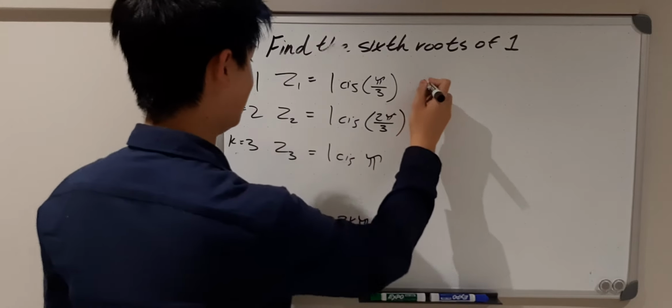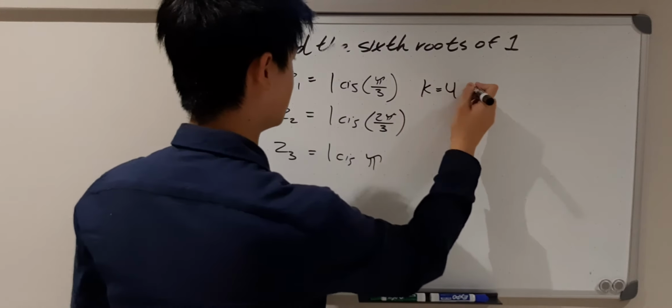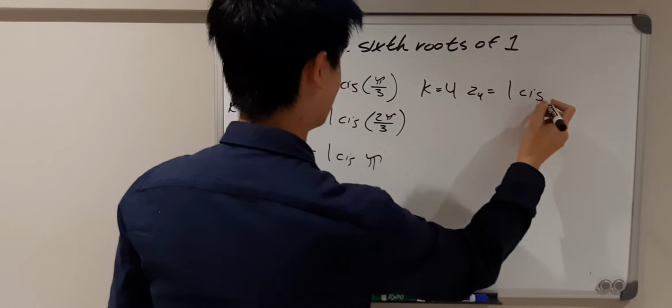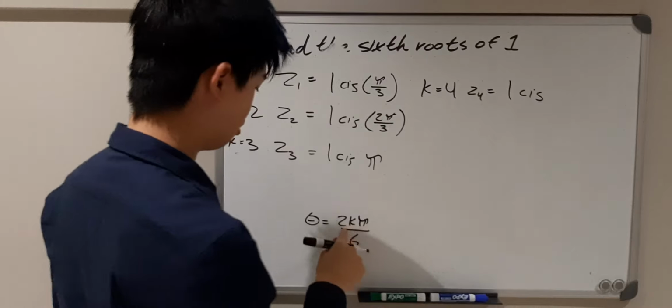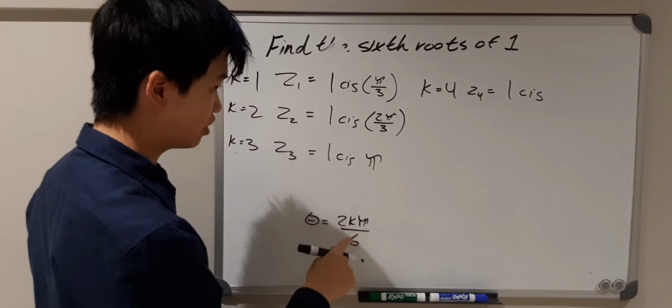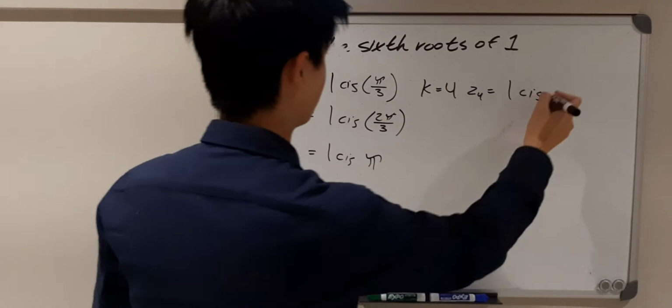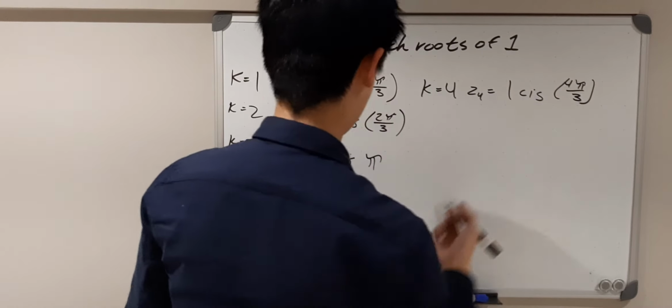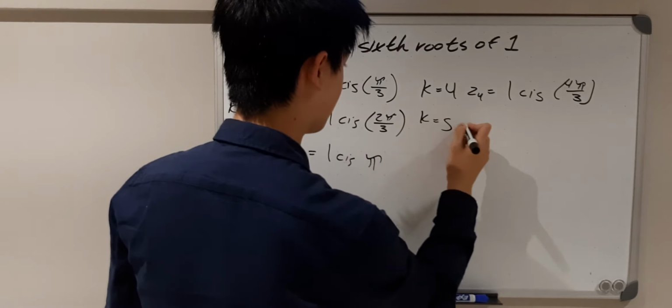Okay, and then k equals 4 is z4. That would be equal to 1 cis 8 pi over 6, which is equal to 4 pi over 3.